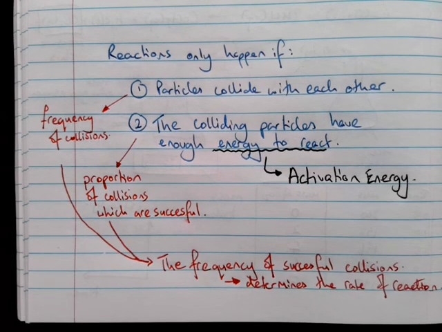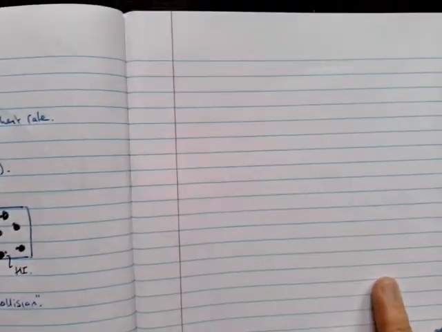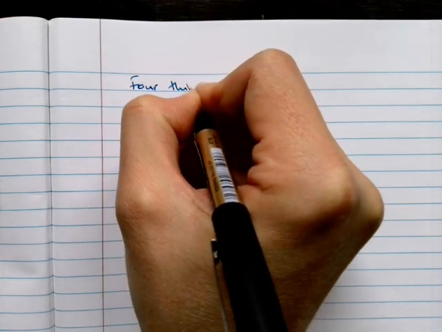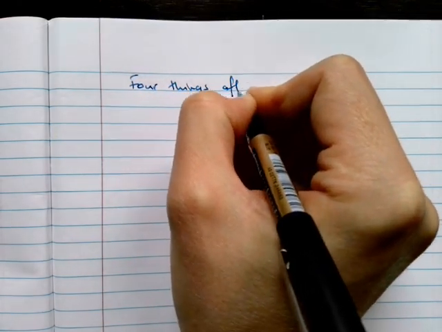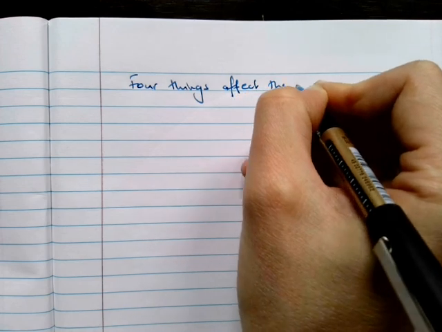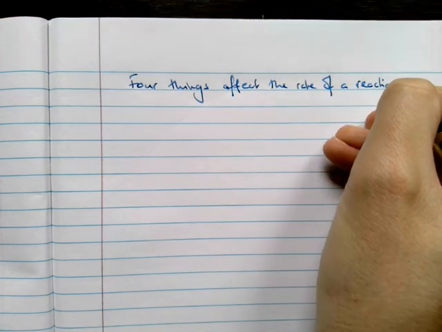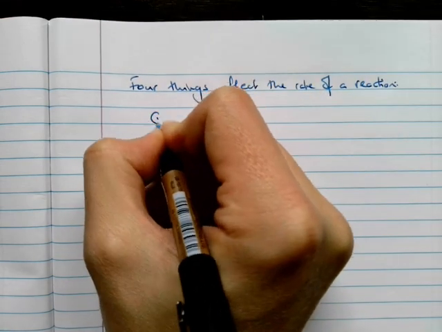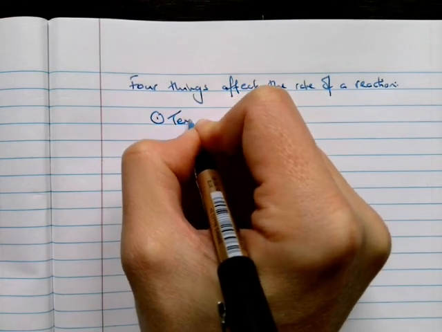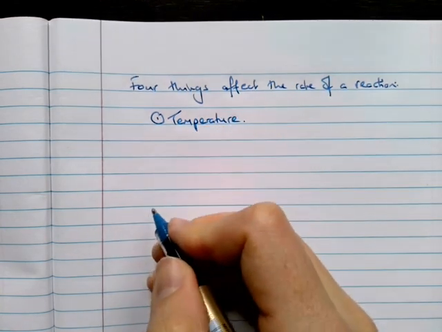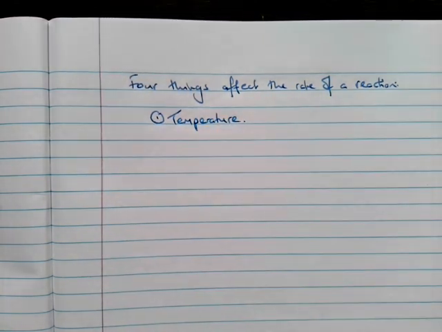So there are 4 things which affect the rate of a reaction. And they are, number 1, temperature. That should be fairly obvious to you. If you make something hotter, it will react faster. If you make something colder, it will react slower.